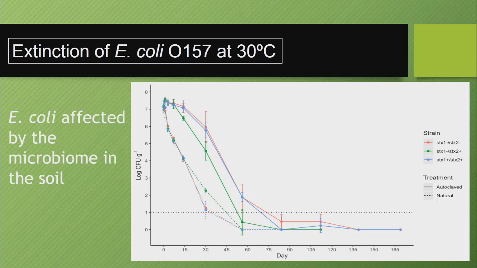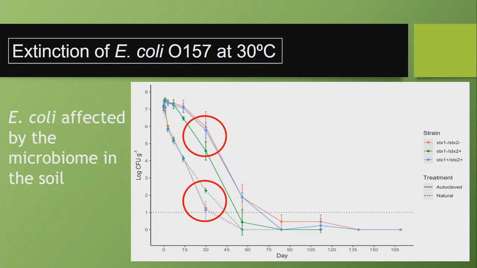And they found that in the natural soil, the populations declined much more rapidly than in the soil that received that autoclave treatment. By about 30 days, they had close to a 6 or 7 log reduction in that soil that had that natural microbiome in it, where you have your microorganisms probably outcompeting some of that E. coli that they've inoculated.